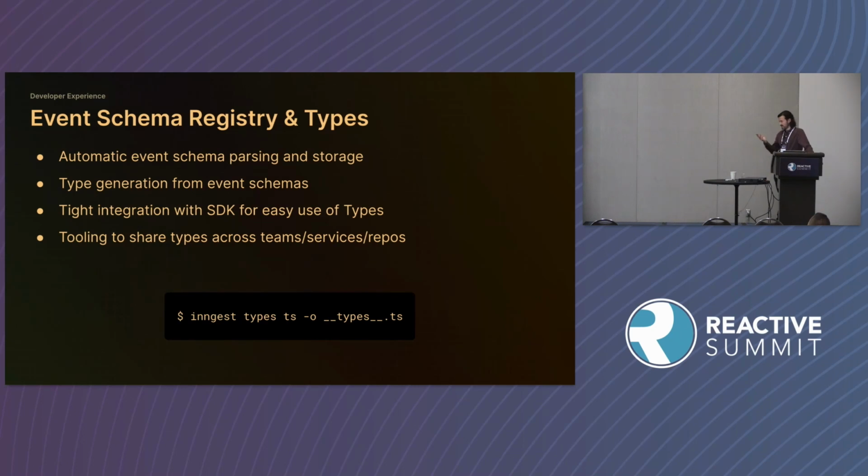We have a system, I won't go into detail in this talk, about how we parse these types and generate and version different event schemas. So we think that could be a way to onboard them and get them trying out event schemas in the first place.